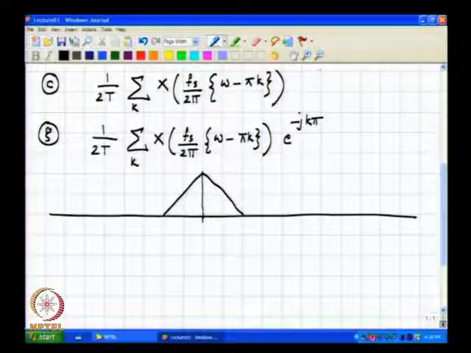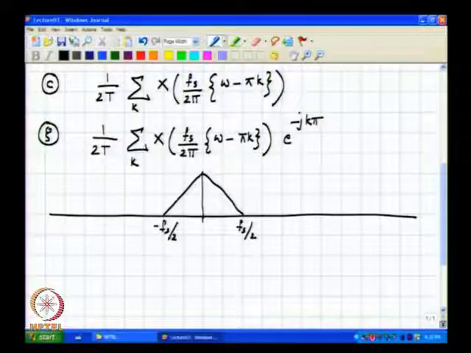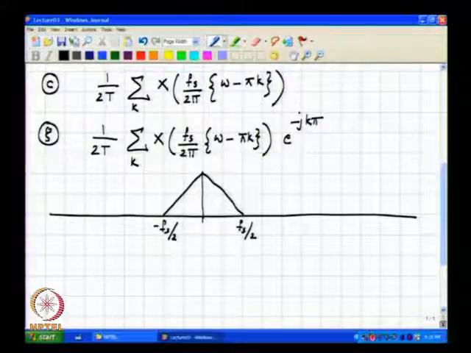Let us say this was the continuous time signal, and let us assume that it occupies the entire Fs by 2. If this signal was ideally sampled at Fs, then there would be no aliasing, correct.